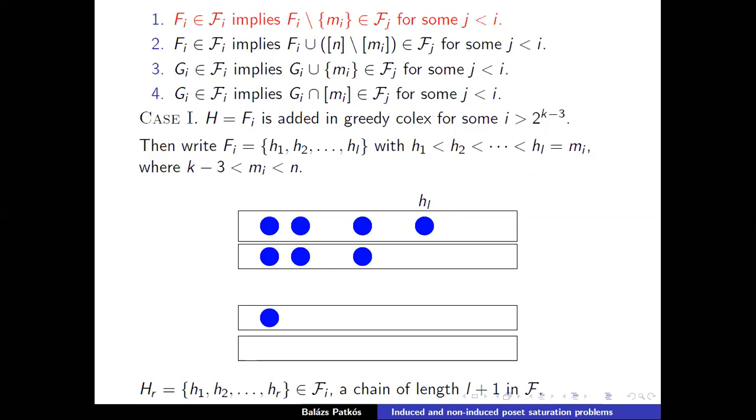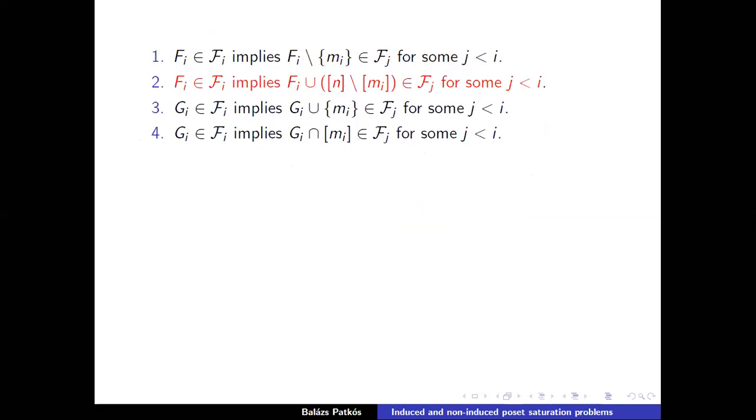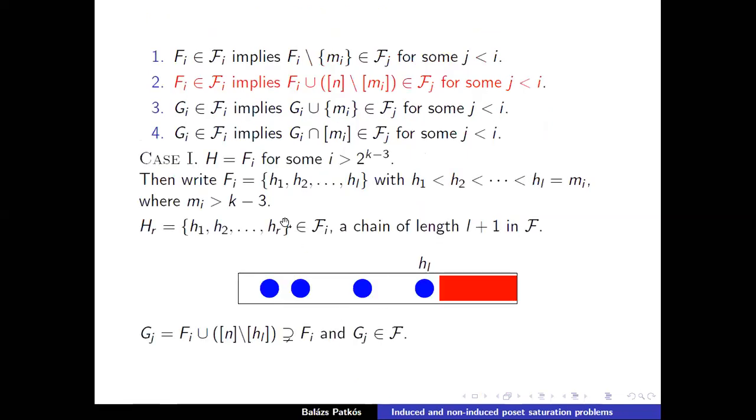Okay, so far so good. Then we want to apply statement number 2, which says that, okay, this blue part is the set that was supposed to be added. Then we know that this is an F, so that means I can add whatever comes after its largest element. So I do, and this newly obtained set is also in the family.